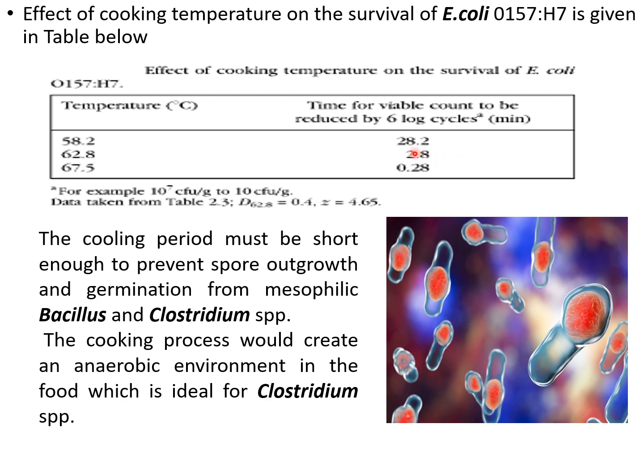At 62.8, when the temperature has increased by just around 4.5 or so, the viable cell count has decreased by 10 times. For every 5 degrees, we have seen that there is a further 10 times decrease in the cell count. So this is the effect of cooking temperature on Escherichia coli.